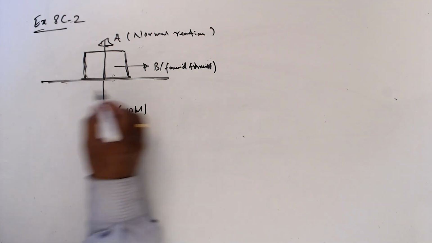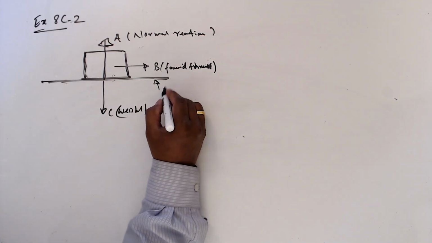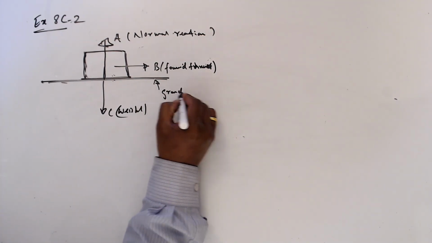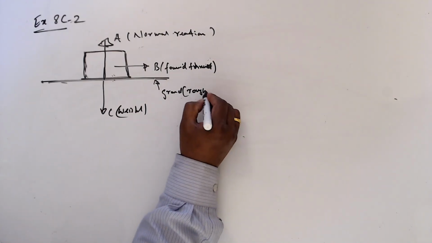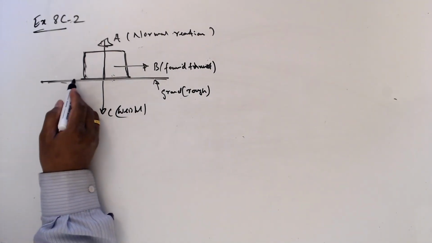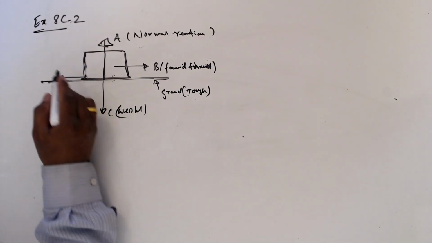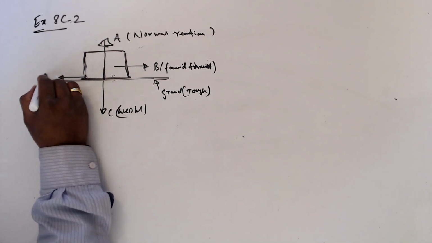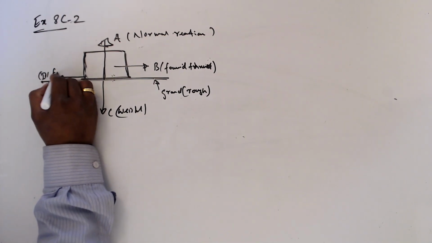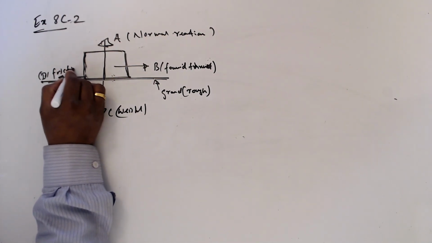And given this ground is rough, then there is a friction. So this is a friction.